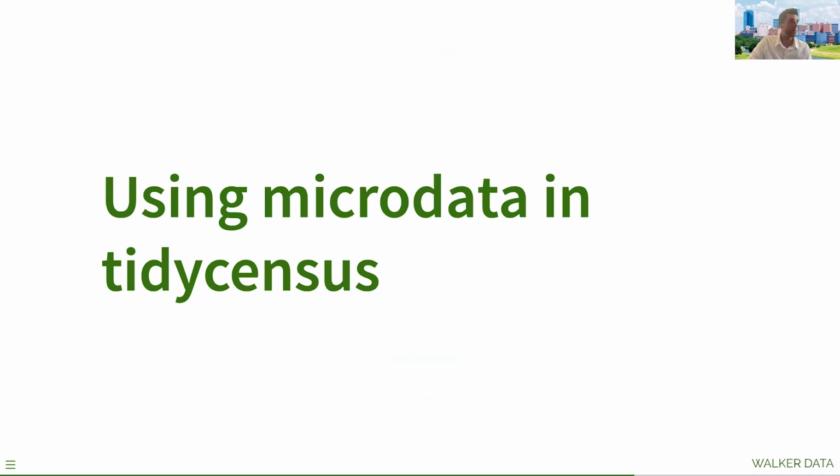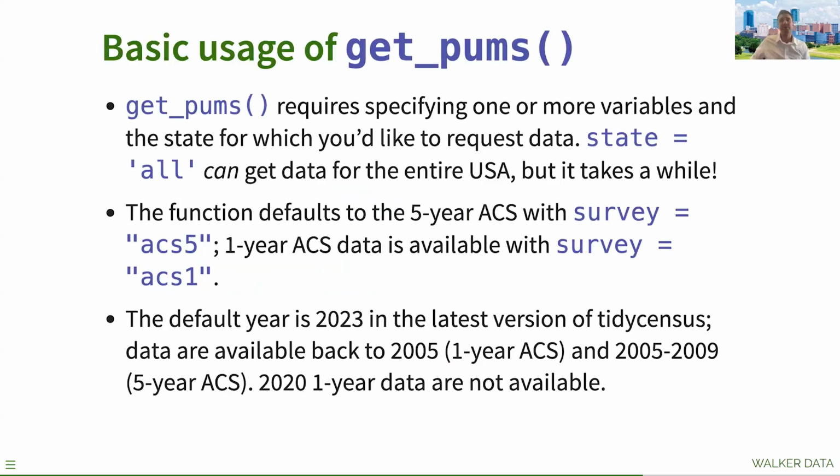So how do you use ACS microdata in tidycensus? There's a function called get_pums. We've been working with get_acs to this point. get_pums is slightly different because remember, we're pulling individual records now, not aggregate data.